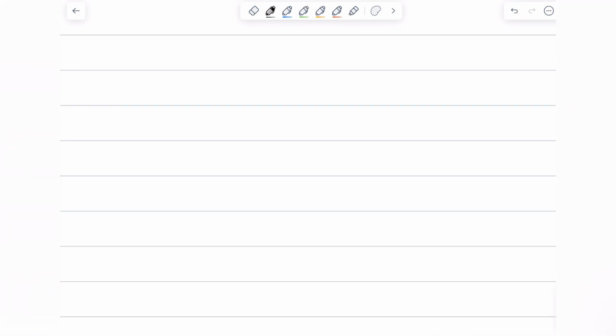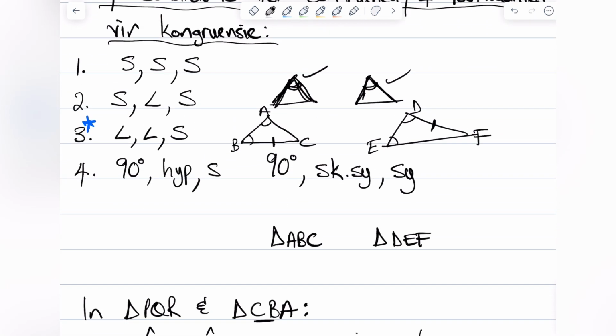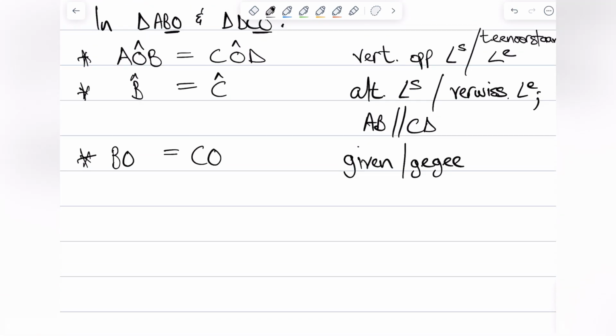If you remember our conditions as we wrote them before, that would be angle side number 3. Right, so there we can say therefore triangle ABO is congruent to triangle DCO. And the condition that makes that true is angle side.